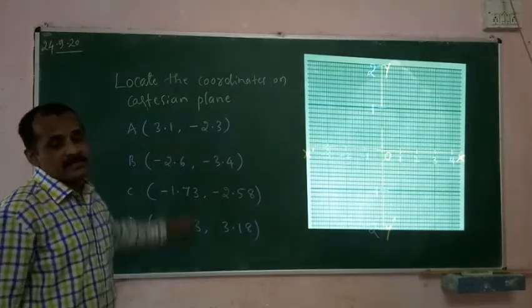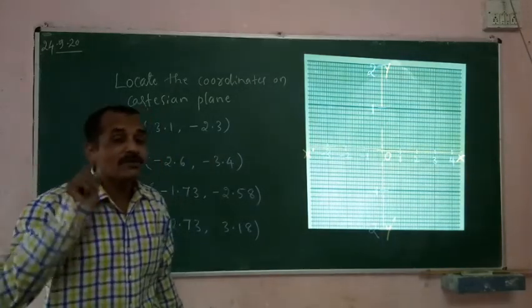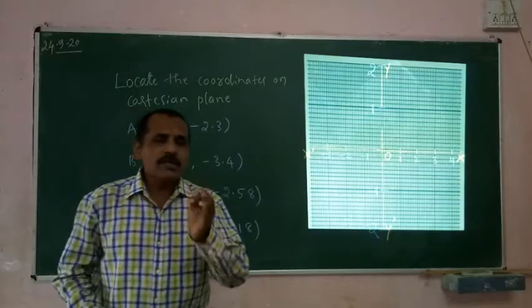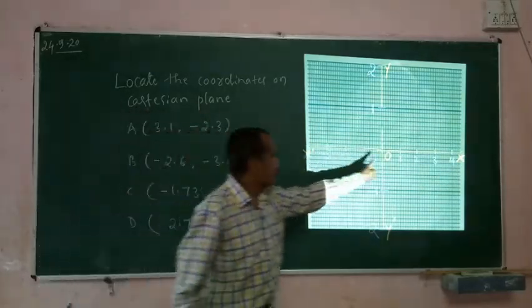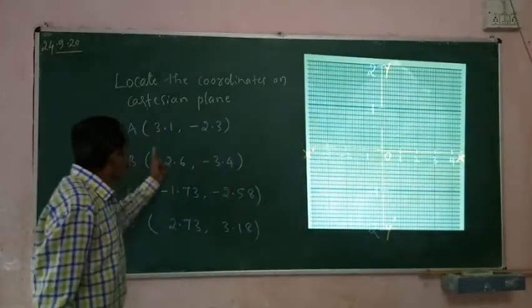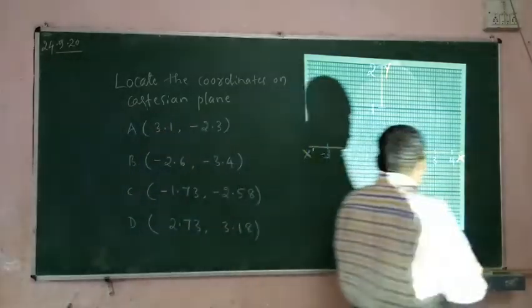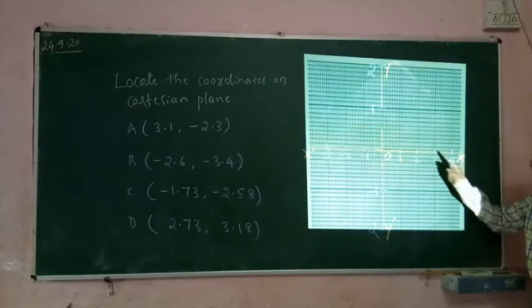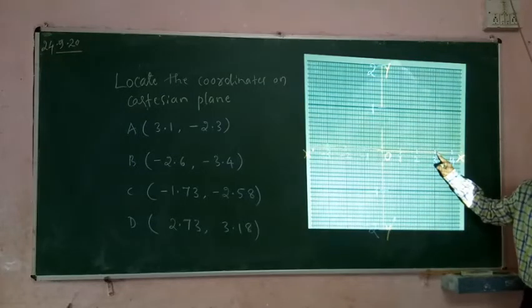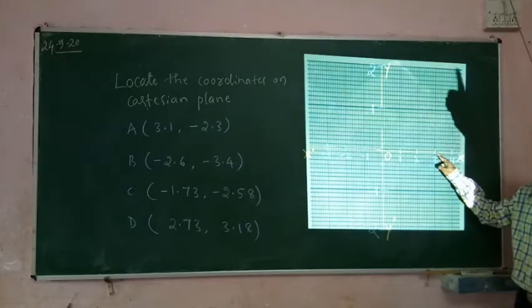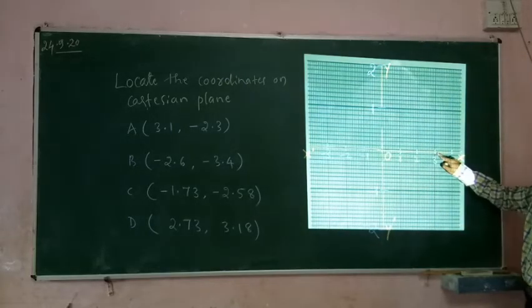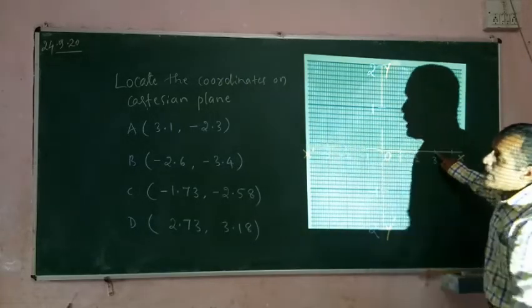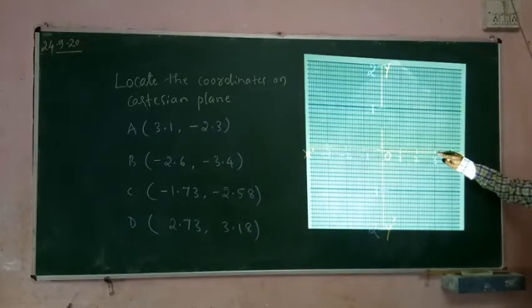3.1 on the x-axis. My dear children, I have told you all, every time our journey starts from the origin, 0. What is the direction given? Go to 3.1. 3.1 means the first millimeter line after 3. This is 3.1. So x-axis 3.1, y-axis -2.3.